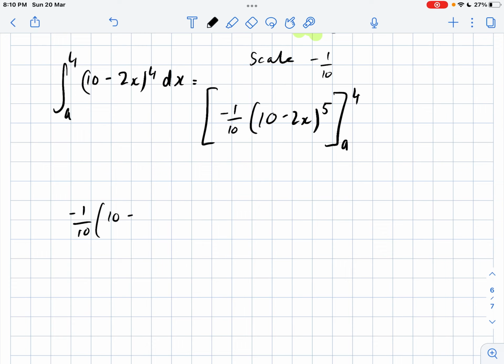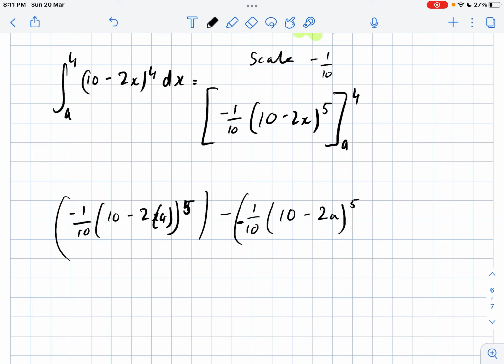Minus a tenth lots of (10 minus 2x) all raised to the 5, where x is now 4, and then I'll subtract, don't forget that extra negative there, minus a tenth of (10 minus 2 lots of a) all raised to the power of 5, and I know that's equal to 211 over 10.